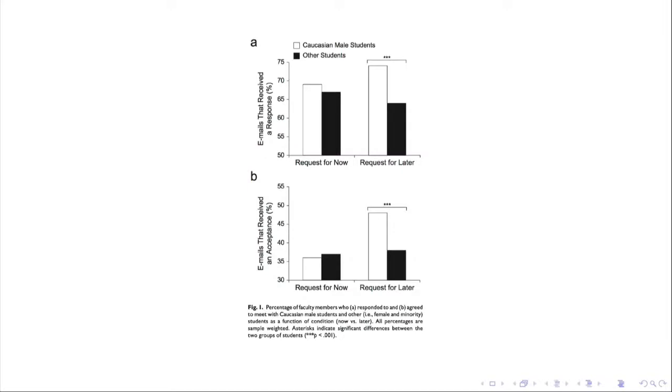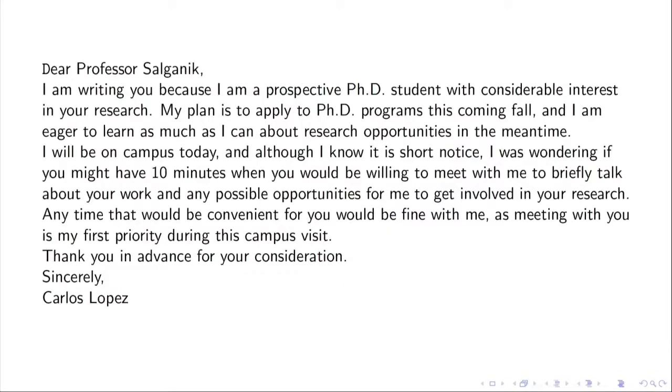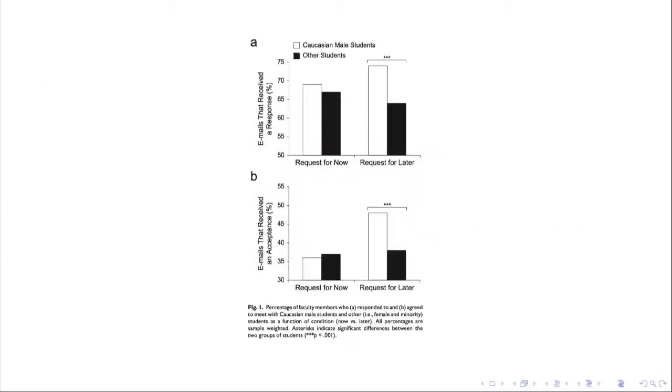Okay. So many of you may have a sense of what is going on here. There are two things that they varied in this design. One is the name of the person sending you the email. And the other is the timing, so whether you're able to meet today or whether you're able to meet next week.